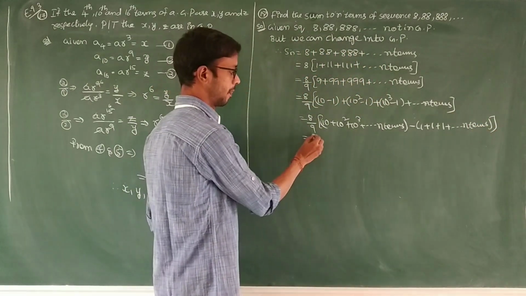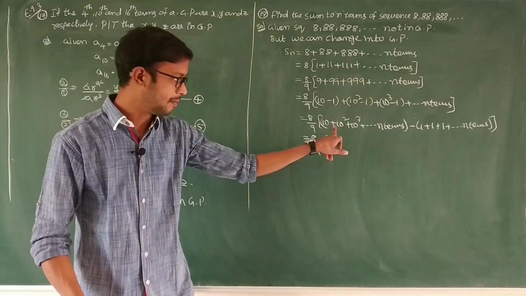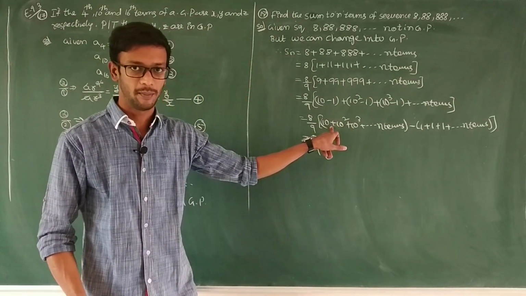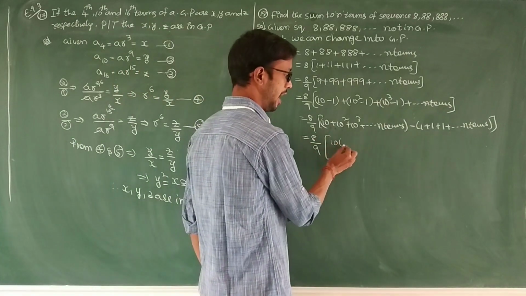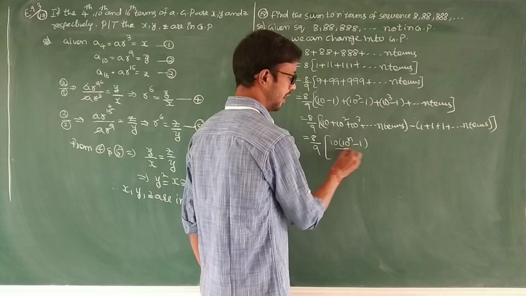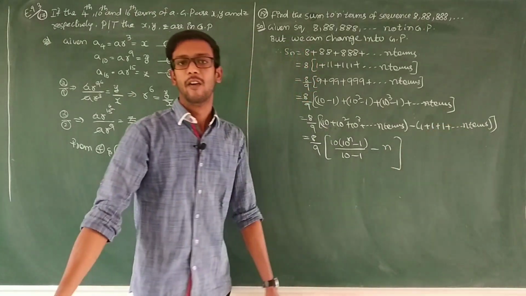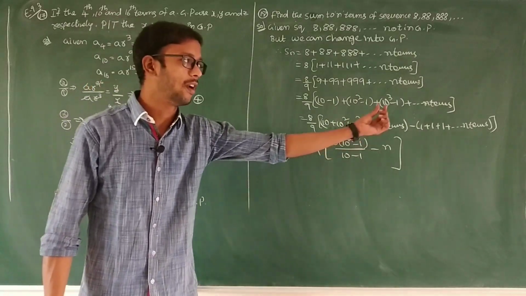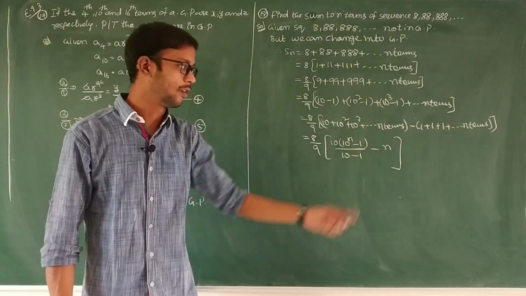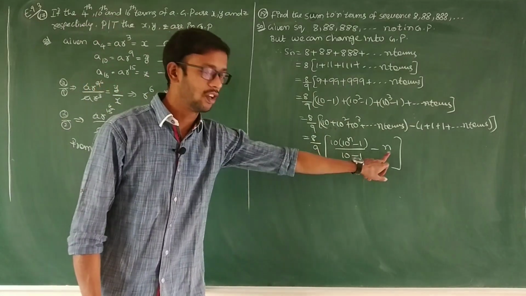Now I use the Sn formula here. The common ratio is 10, first term is 10. So 8 by 9 into 10 into r power n minus 1 divided by r minus 1, minus n. Why? Because the ones go up to n, so if you add n ones you get n.